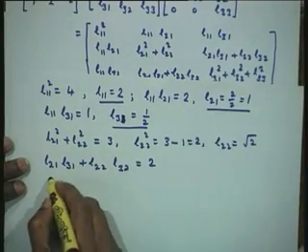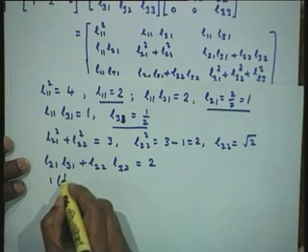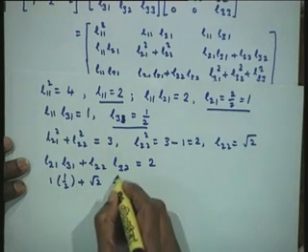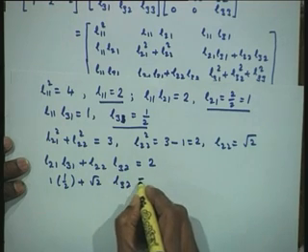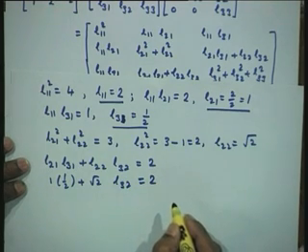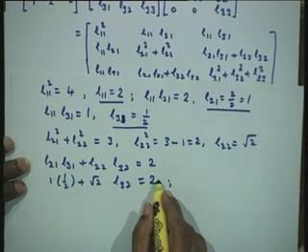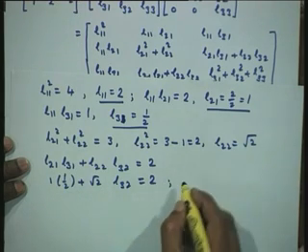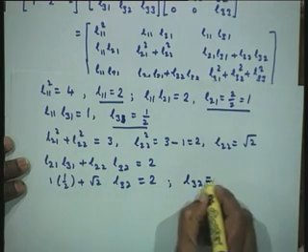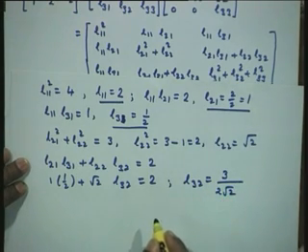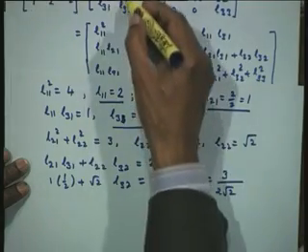L21 is 1, L31 is half, L22 is root 2, L32 to be determined, that is equal to 2. So I can take half to this side, which produces 3 by 2, therefore L32 is 3 by 2 root 2. Then the second column is complete.